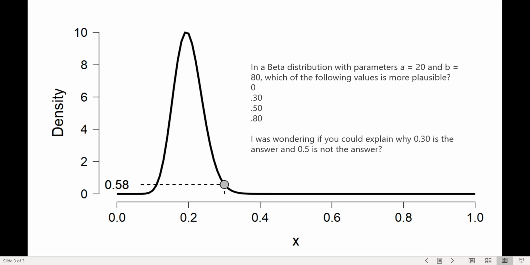In this case, A corresponds to the successes and B corresponds to failures. That's always the case. So A will correspond to successes and B to failures.